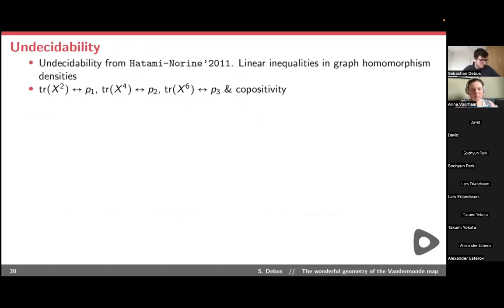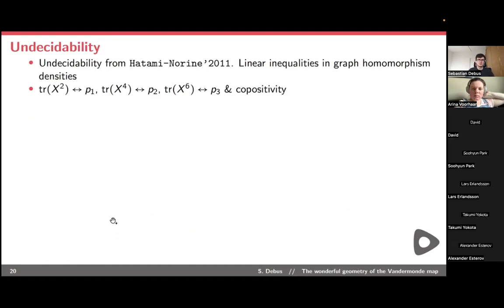So I mentioned the paper by Hatami and Norine in extremal combinatorics. What they prove is that for so-called linear inequalities in graph homomorphism densities, deciding their non-negativity is undecidable. And our proof follows very much from their proof. There's not that much to adapt, I have to say, only very few things.